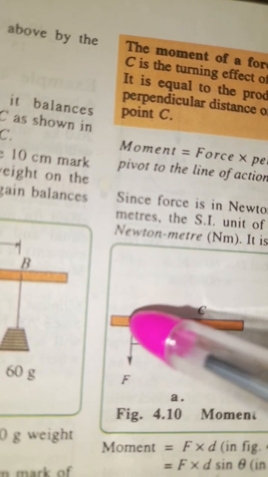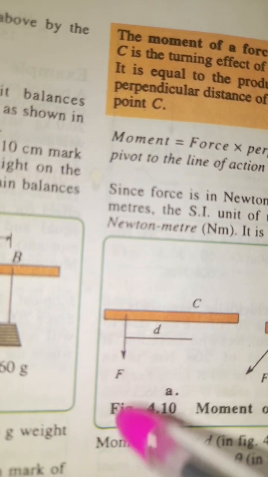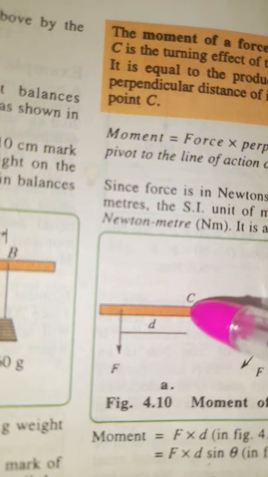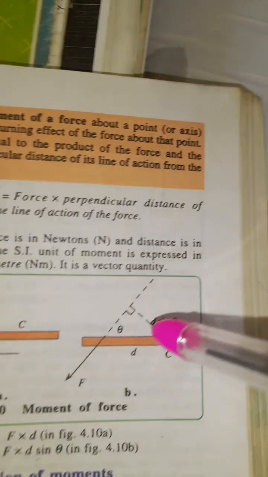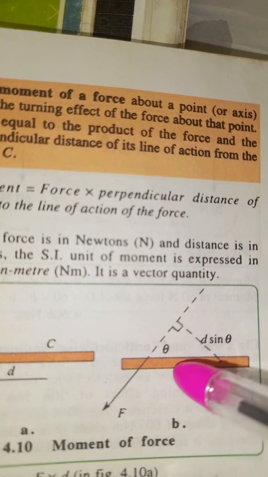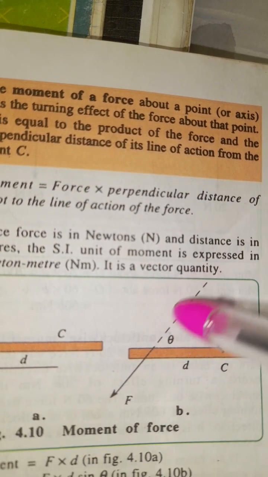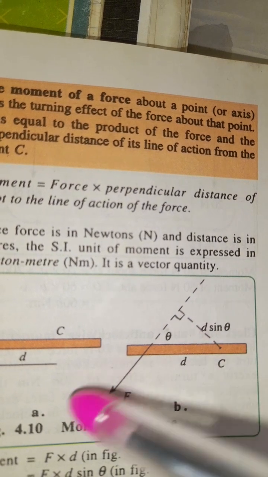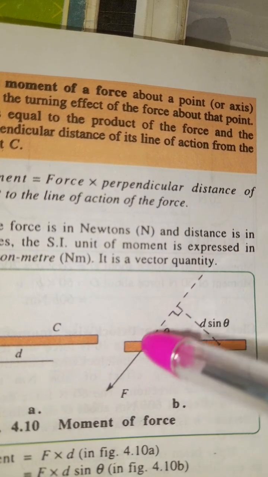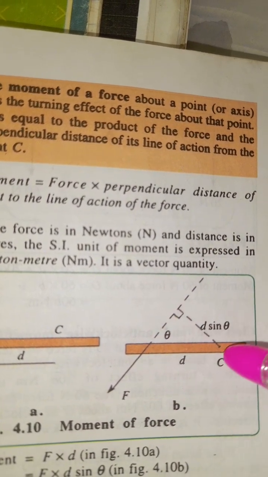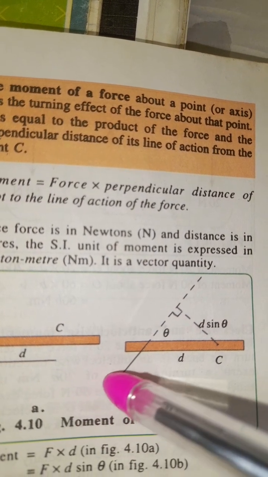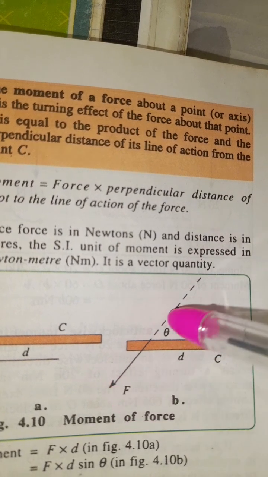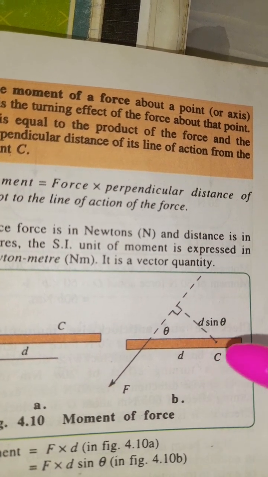Now, it is not all the time that the line of force is perpendicular to the pivot. Look at this example here. You can see here that the line of force is not perpendicular to C. You see that this line is at an angle theta to C. So when the force is applied in such a way that the line of force is not perpendicular to C, this is what you do.